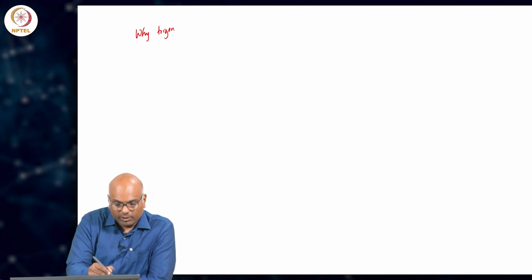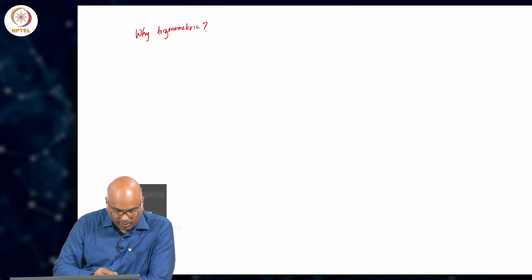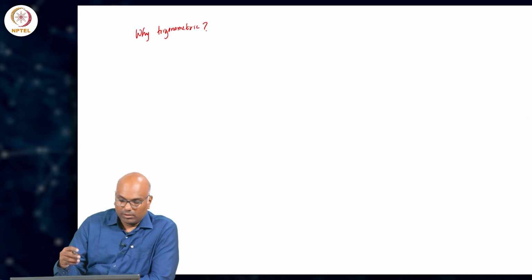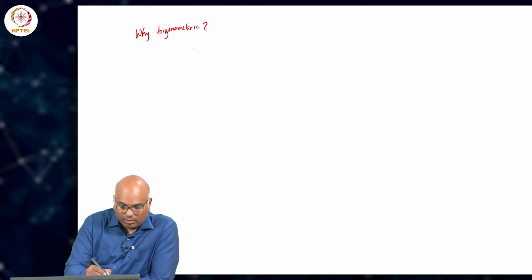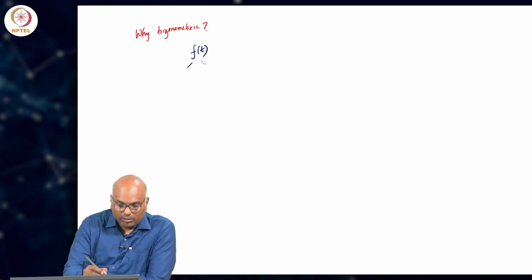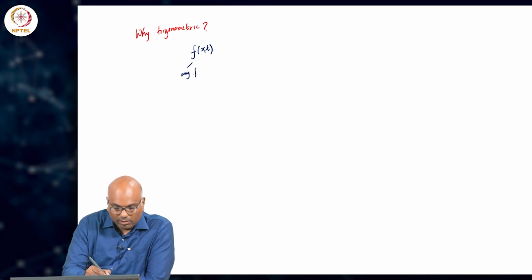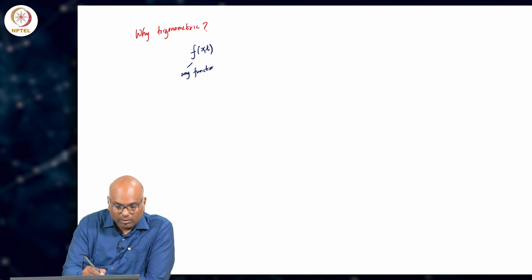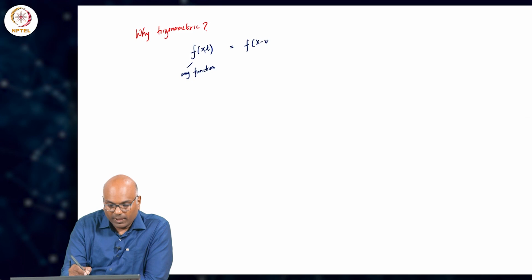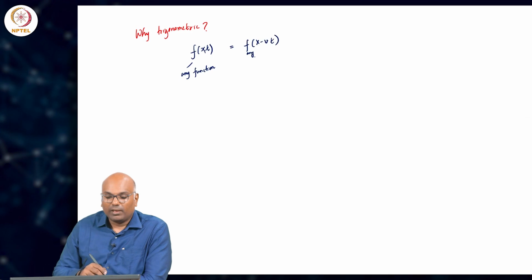Okay, I think trigonometric is spelled like that. Why trigonometric? Because f of t, okay, in this case f of x t, any reasonable function, I must say, which has the form, in this case f of x minus v t.